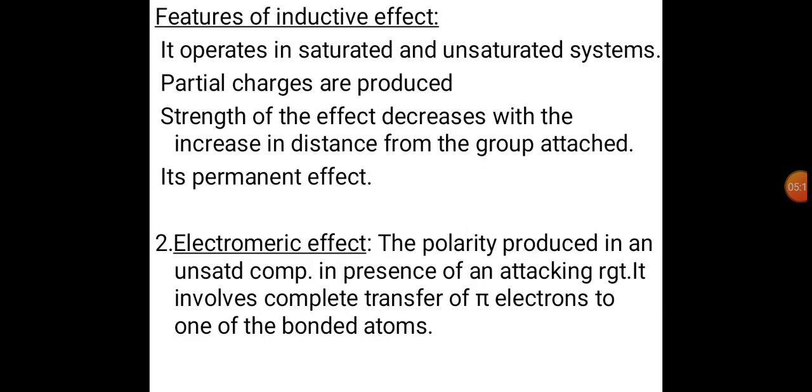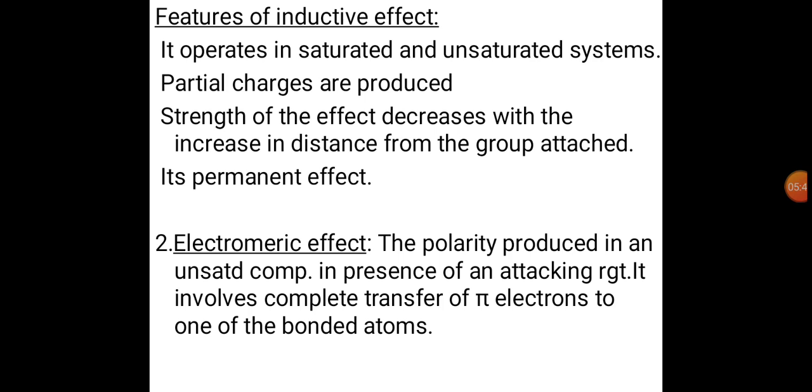And what are the features of this inductive effect? What effect does this inductive effect produce, and where do we find them? This kind of effect operates in saturated, that is aliphatic hydrocarbons, and unsaturated systems, that is aromatic hydrocarbons.